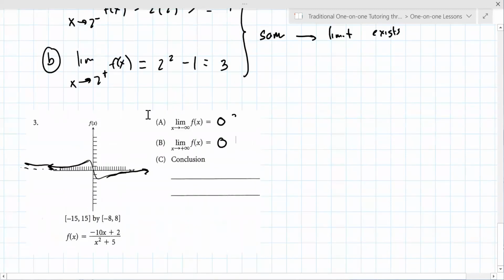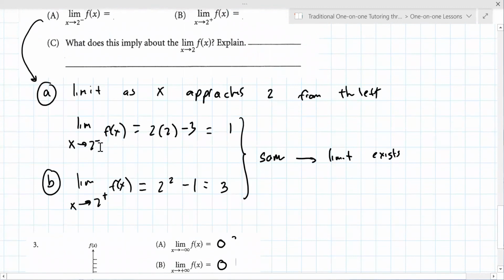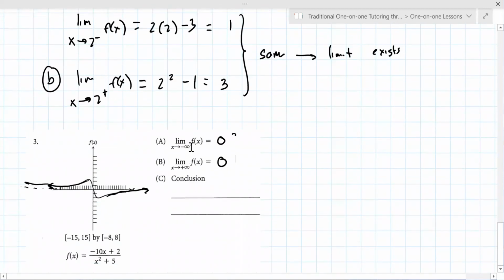In the previous problem, it was 2 and 2, one from the left, one from the right. The infinities are not the same. One is way out over here on the right, one is way out over here at the left. There is no conclusion, I guess. I guess the conclusion is it has a horizontal asymptote at y equals 0, but even that's a little bit odd.